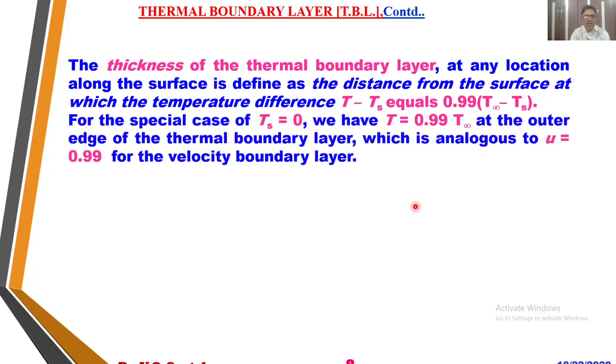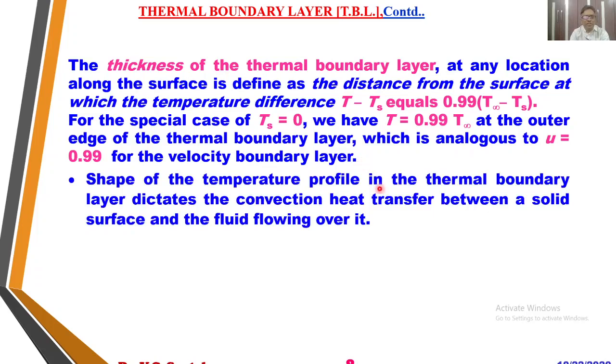For the special case, if the surface temperature is 0, we can have temperature at any distance y equal to 0.99 T infinity at the outer edge of the thermal boundary layer, and that is analogous to u equal to 0.99 of u infinity for the velocity boundary layer.